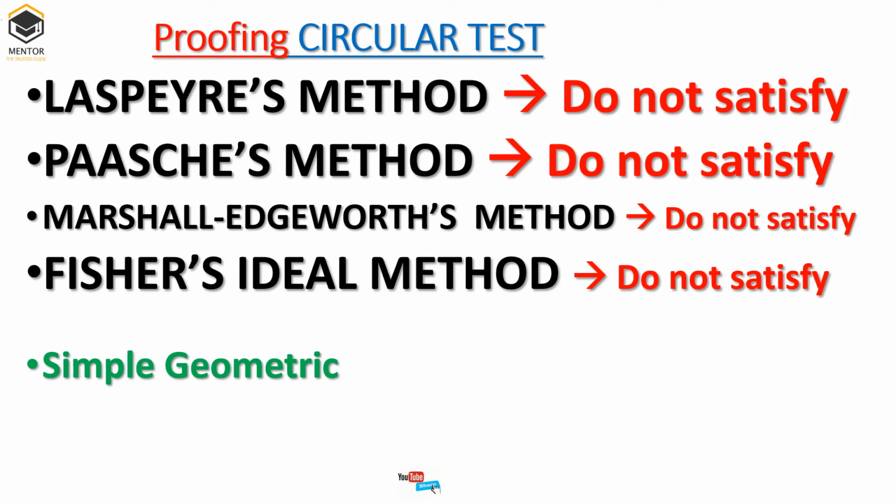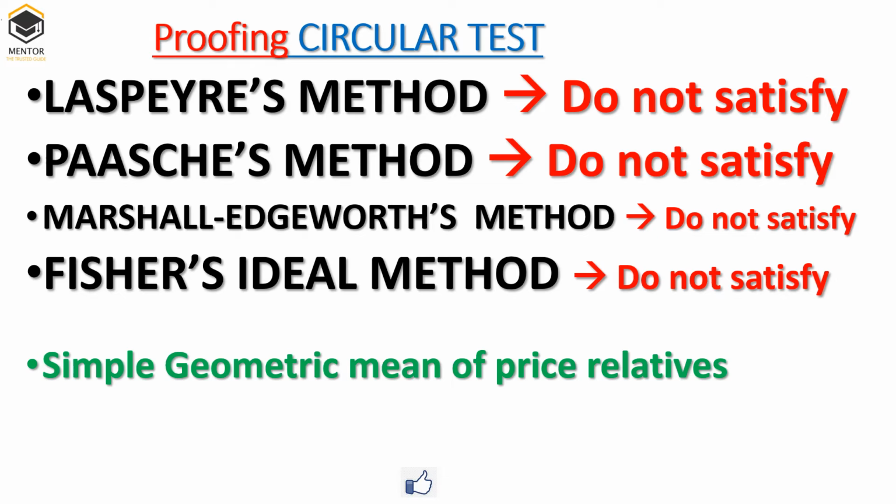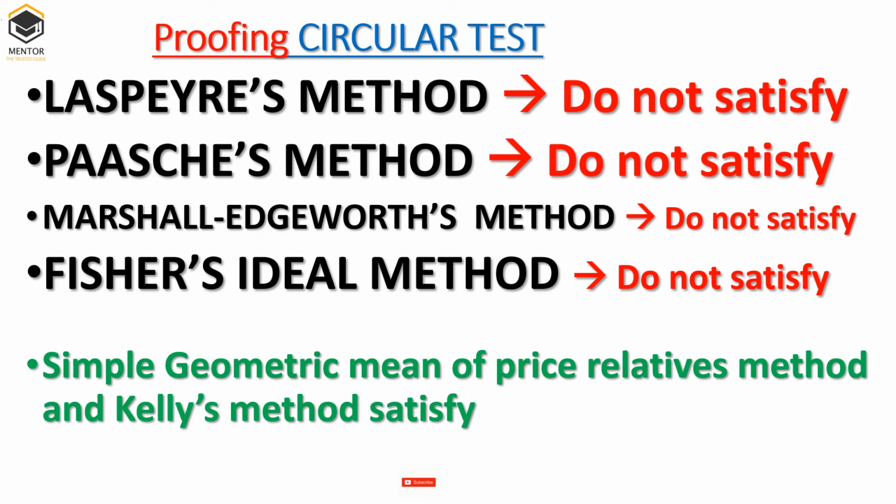Then the simple geometric mean of price relatives method and the Kelly method satisfy the circular test. So, simple geometric mean, not arithmetic mean, only the simple geometric mean of price relatives method and the Kelly method satisfy the circular test. So this is all about the different types of tests of consistency in index numbers.